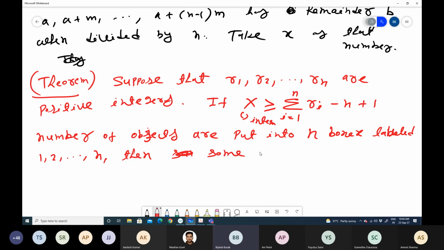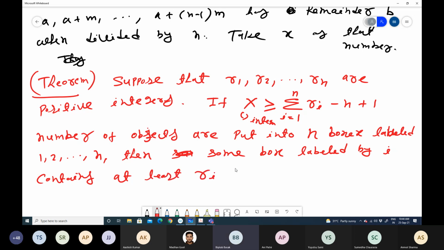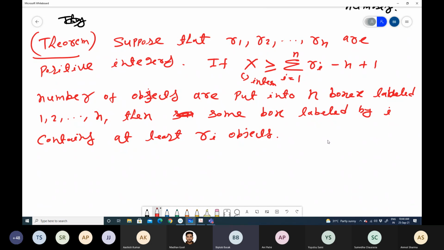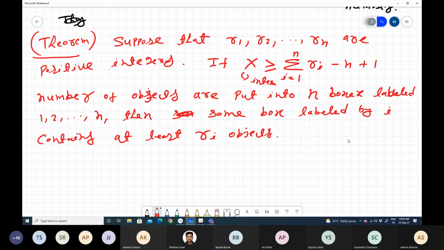Then some box labeled i contains at least ri objects. This is just a generalization of the pigeonhole principle. In the pigeonhole principle, we need at least one element. Here you have at least ri objects, and your x is bigger or equal to this number.